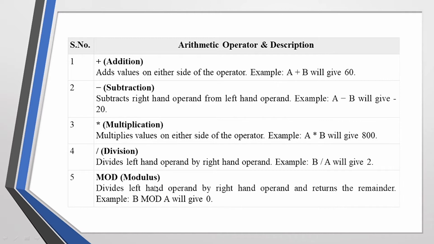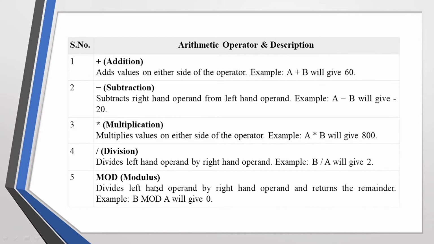In SAP ABAP, as we discussed, a space is required before and after an arithmetic operator. That means a space plus space b will be the syntax of the addition operator.